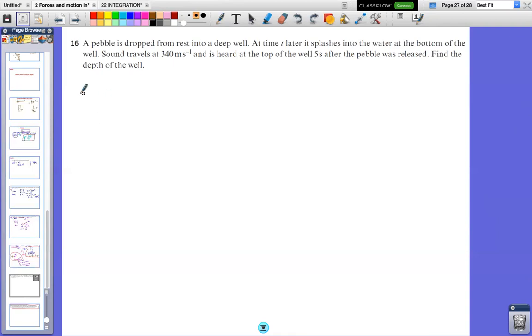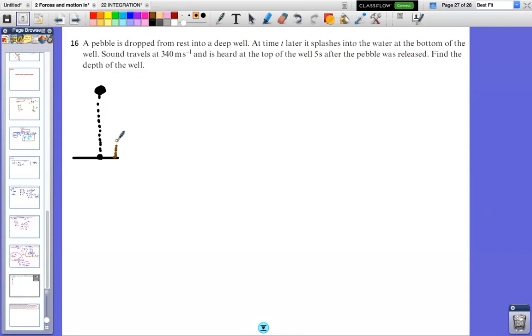So I make a sketch. It is dropped into the deep well. It goes down and hits the bottom of the well. And then when it hits the bottom of the well, a sound wave is released.